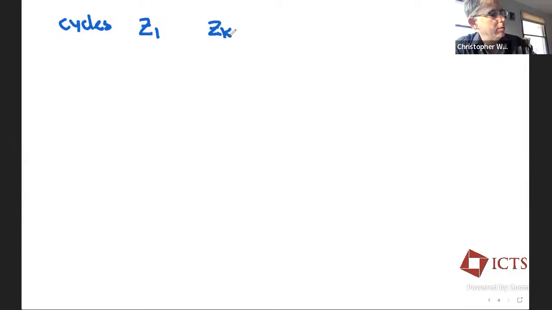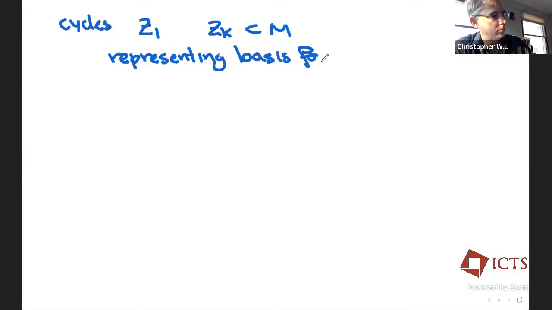And now let's suppose I have cycles Z1 up to Zk representing a basis for H of M, and I want to be a little bit vague about what I mean by cycles.